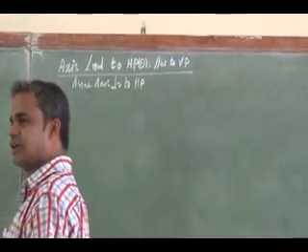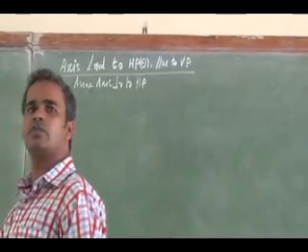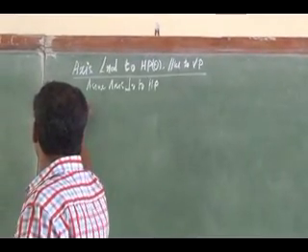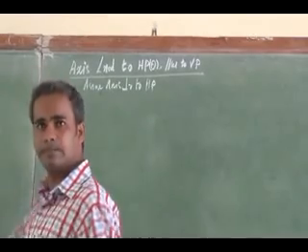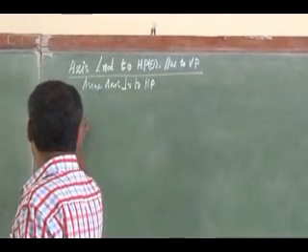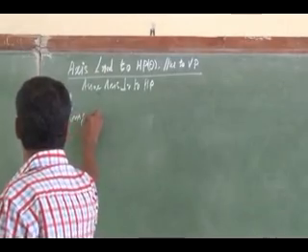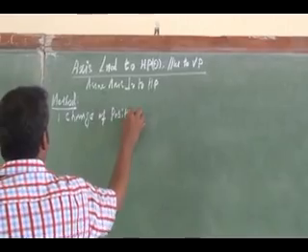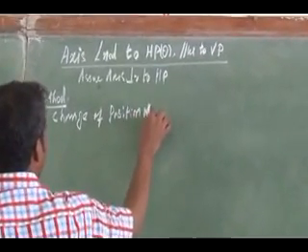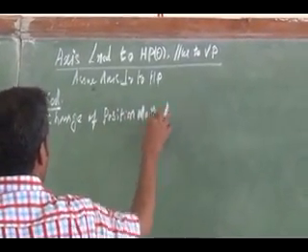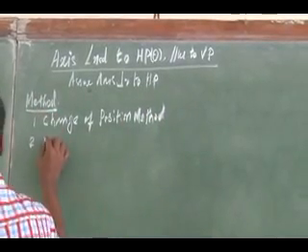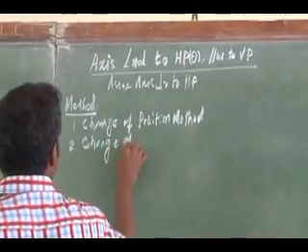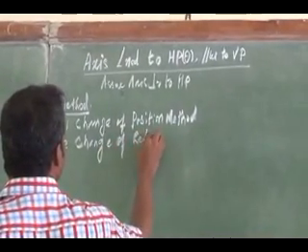In this axis inclination problem, to draw the final projection, I have two methods. One is the change of position method. The other is the change of reference line method.